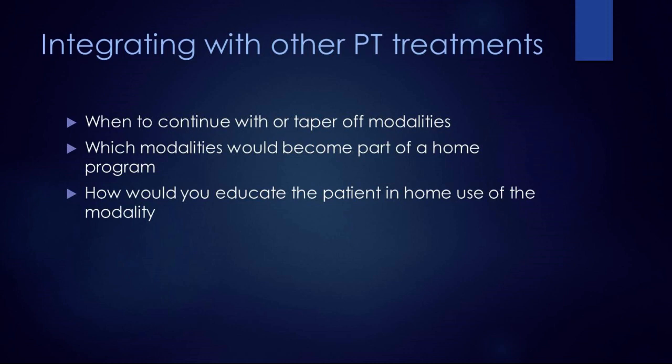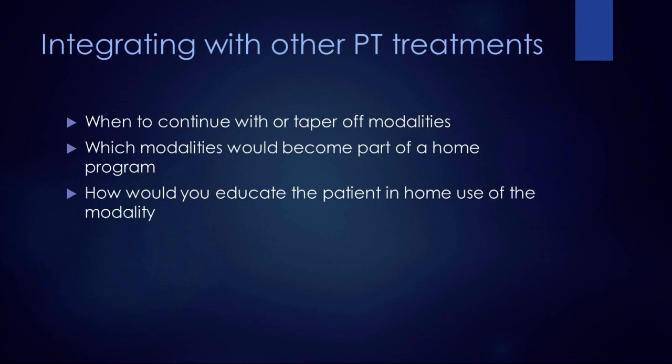So with this guy, since he was healthy and active and he never stopped his activities, the goal was getting back to doing them functionally without a lot of pain, and we didn't have to continue with his modalities. We tapered off them. Some modalities might be part of a home program. If you have someone with chronic pain, you might recommend that they get a TENS unit for home, and they're going to use it on a regular basis.